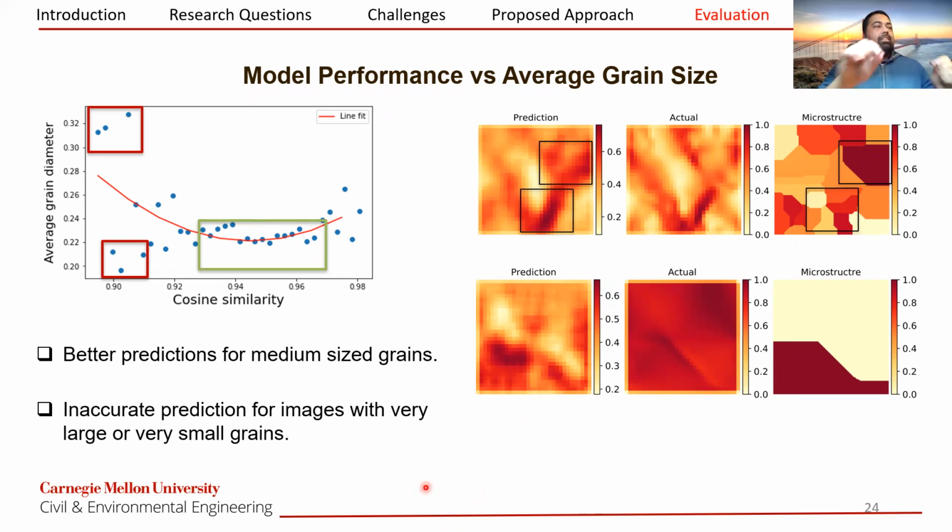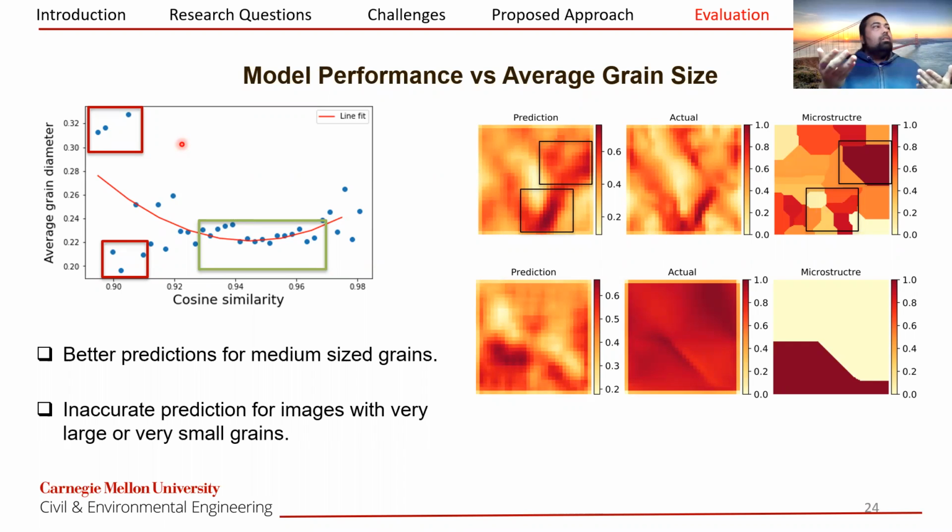One reason we think is that there are not enough features available in the microstructure, so the encoder decoder model was not able to perform well in such places. Whereas wherever it has a large number of grain boundaries and junctions, it has enough information to predict the variations. So that's why we think it's not working for the large grain diameter images.